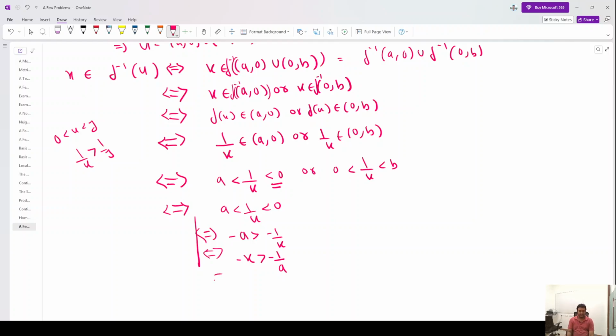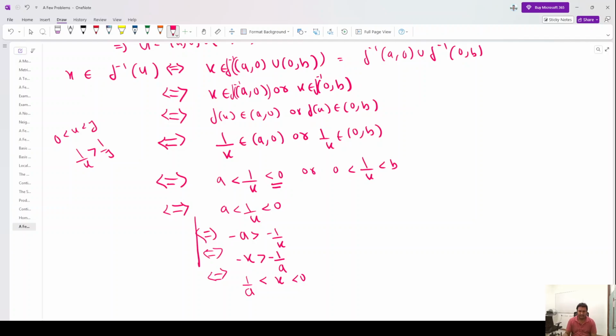Right, now you can again do multiplication by signs. So this means 1 upon a is less than x. And x is less than 0 because 1 upon x is less than 0. So this is what you are getting.